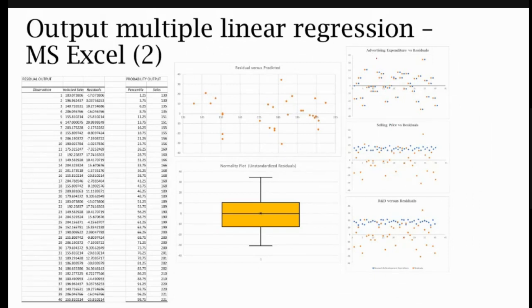So tadi I buat residual versus predicted, kan? And then I buat a normality plot, unstandardized residual. So kita nampak normality assumption is met. This is for linearity and equality of variance. Kita nampak this one dia scattered around zero. Maksudnya dia linear and equal variance.